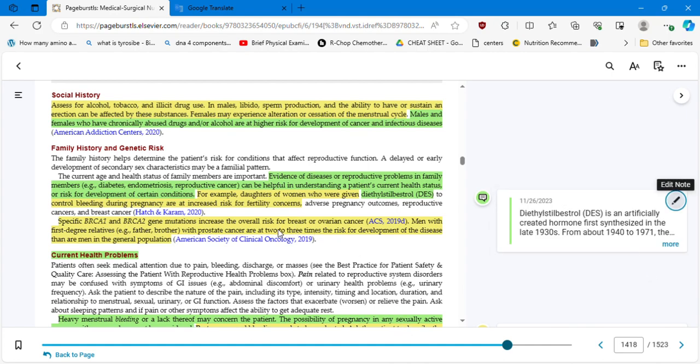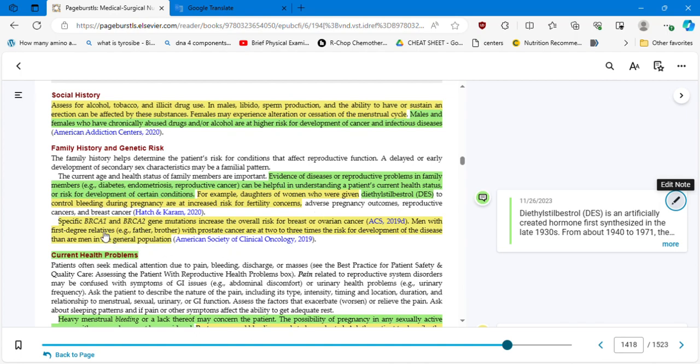So if you're a daughter of women who were given this medication, you probably have increased risk for infertility, not only in your generation but in the generations after. Think about that. Consider that factor. Assess in your family who was given this medication in those years.